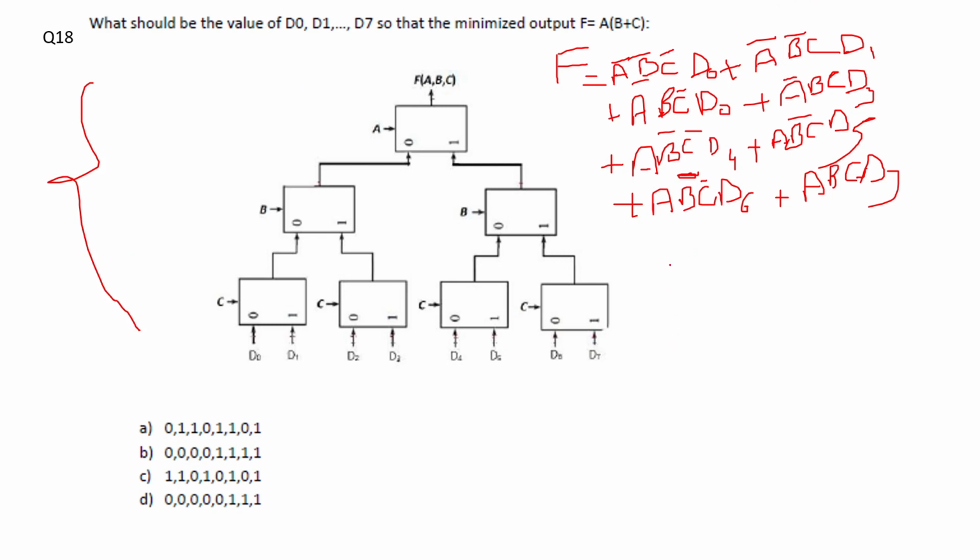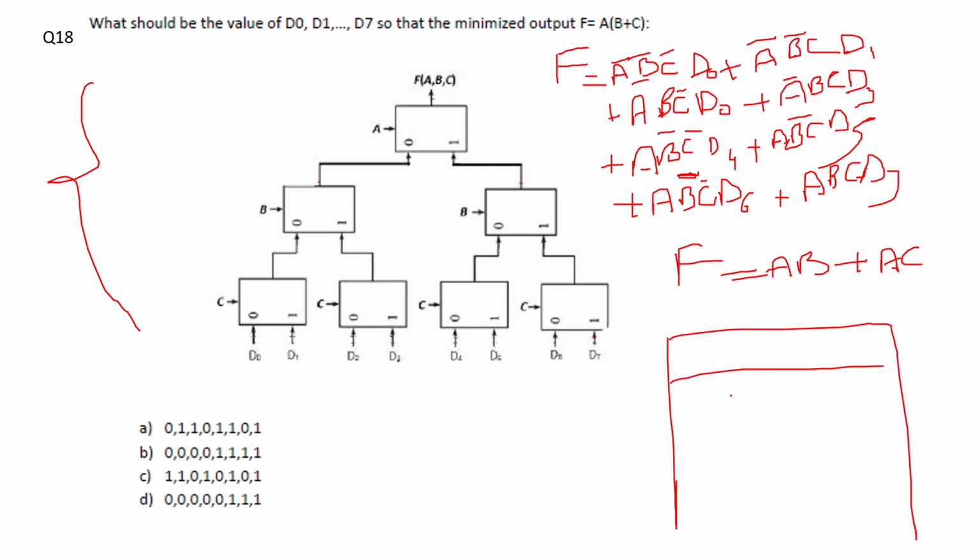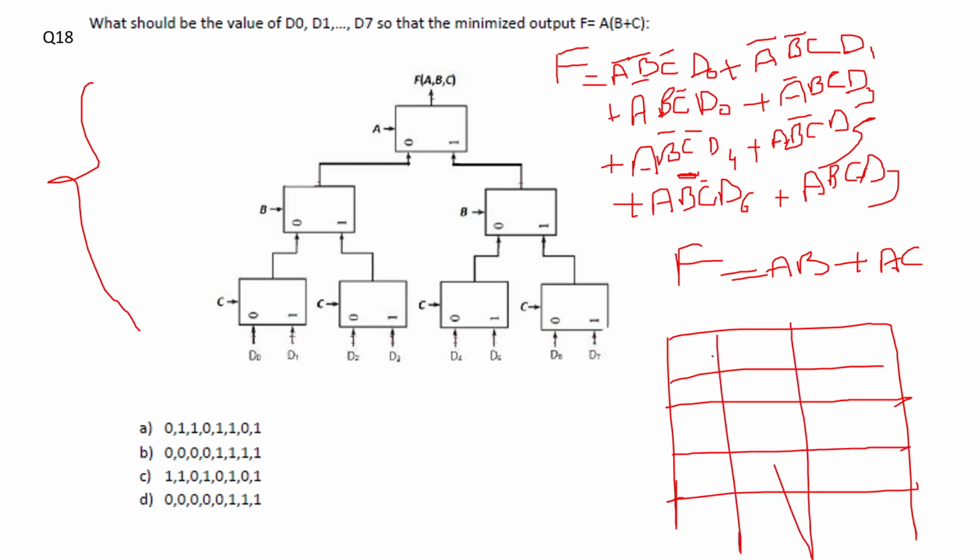F is equal to a b plus c, so we can write f is equal to a b plus a c, right? Let's just draw the truth table. This is a, this is b, a b c, and this is f.